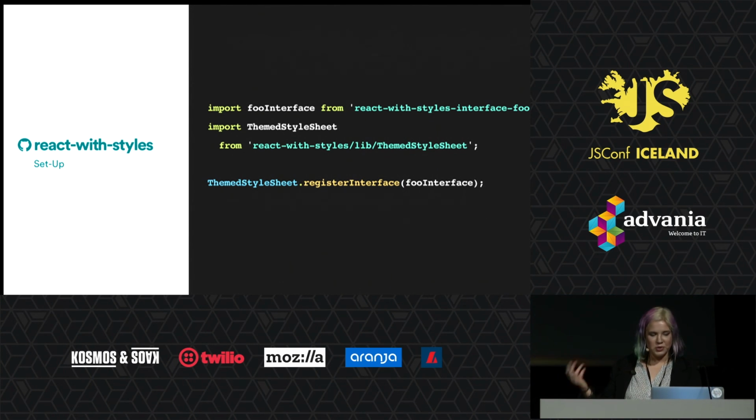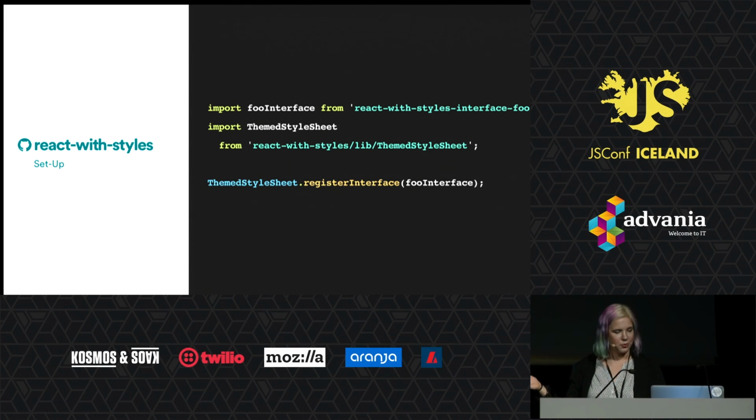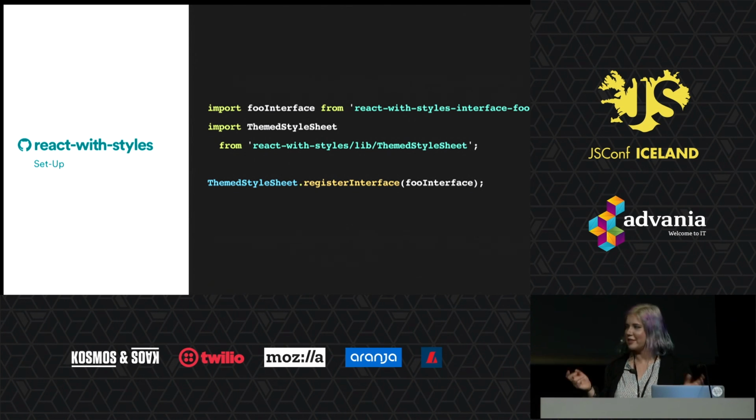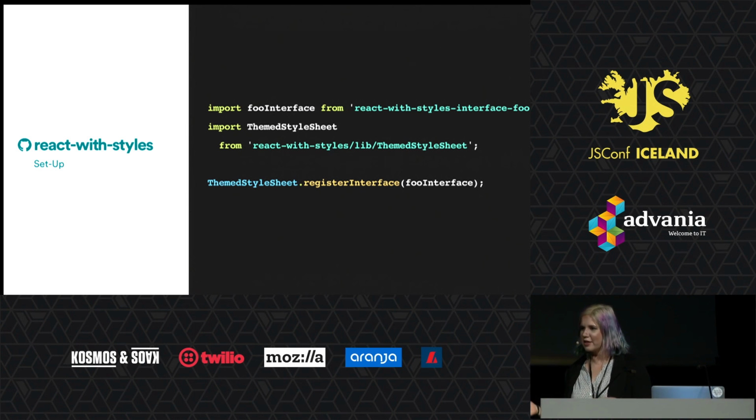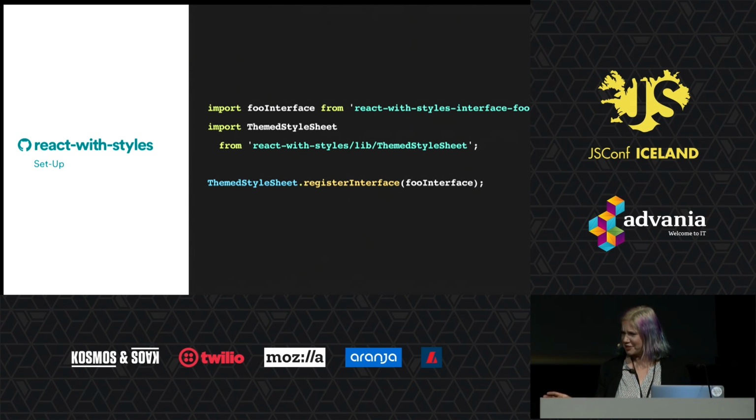And most importantly, you can easily swap that interface out by just changing what you register. We currently have interfaces implemented for Aphrodite, JSS, React Native, and even, hilariously, an interface that turns your CSS-in-JS back to deterministic class names and style sheets, just in case you change your mind.